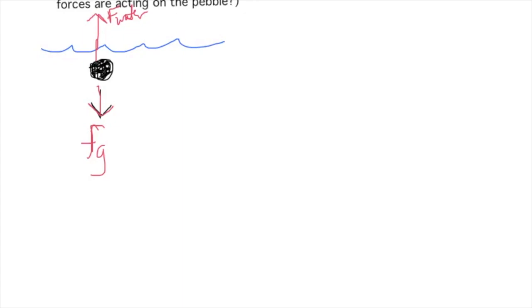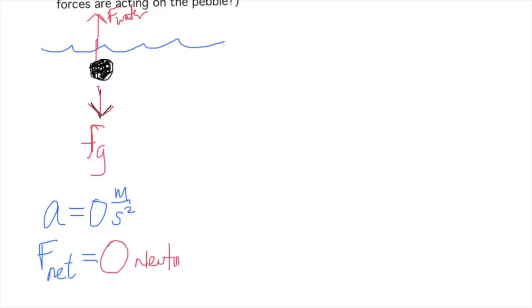And so what we know for sure is that it has a constant velocity. And if something has a constant velocity, that means its acceleration is 0. And what else does that mean about net force? If the acceleration of the object is 0, that means the net force of the object is also 0. It doesn't mean there aren't any forces. It means the net force is 0.